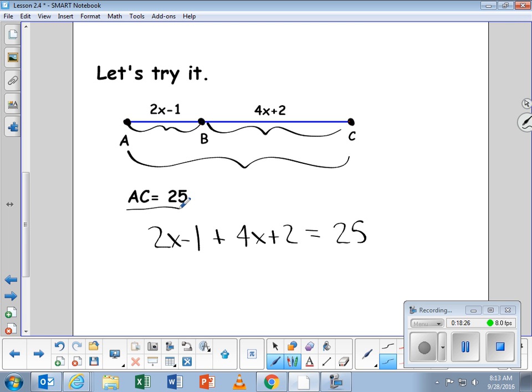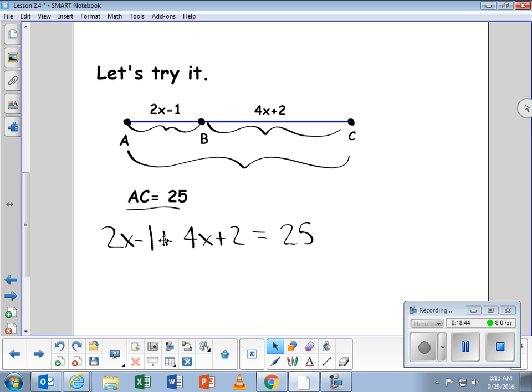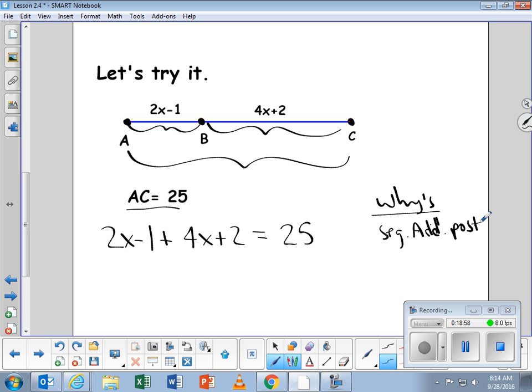Now, if I was asked to justify this step, what would be my reasoning? How do I know this statement is true? Segment addition postulate. So if I had to justify my step, right here I would write, I'll write the reasons up here, segment addition postulate.